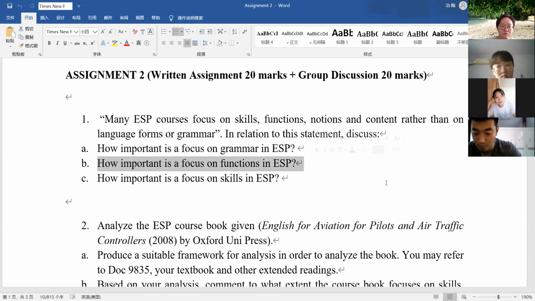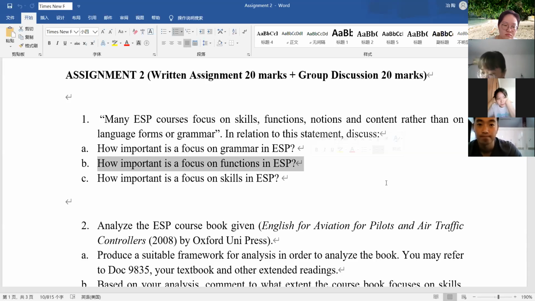So it's important for ESP students to know how to smooth the path to greater linguistic efficiency in academic and workplace environments. That means ESP helps language learners cope with the features of language, or develop the competencies needed to function in a specific discipline.